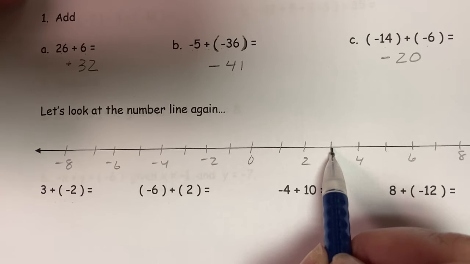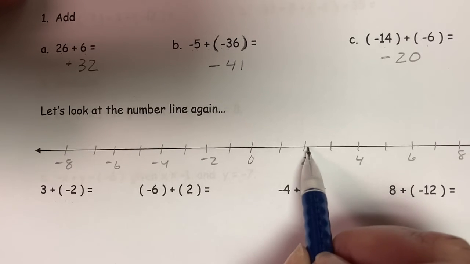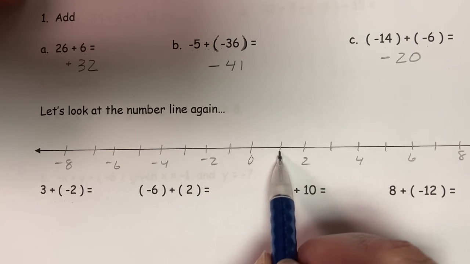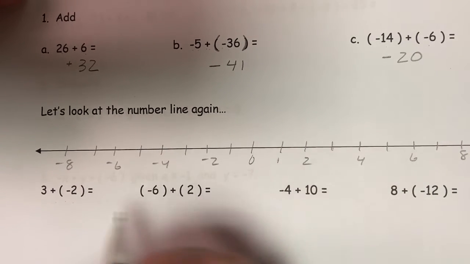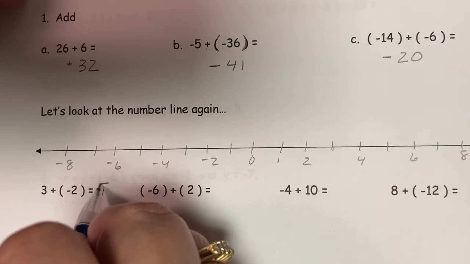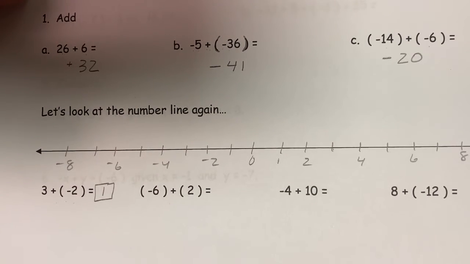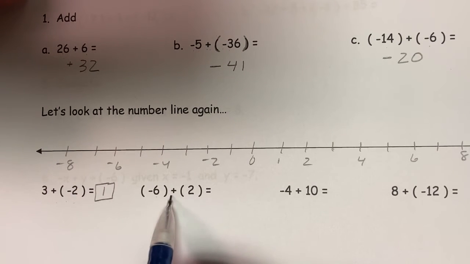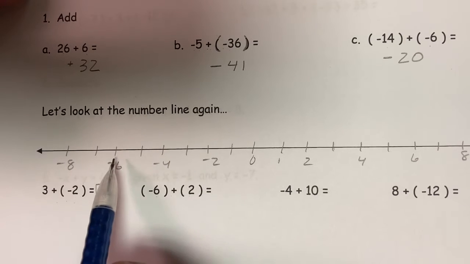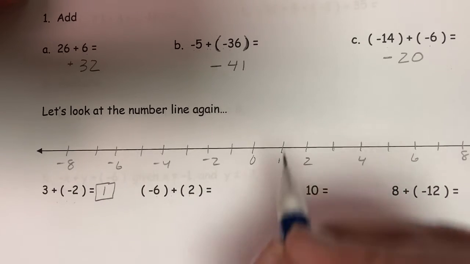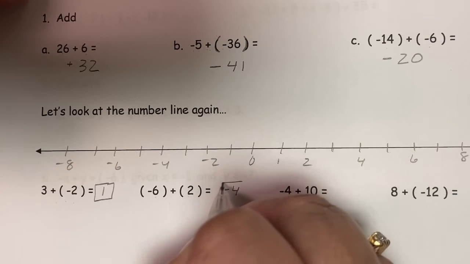And since I'm adding a negative 2, I'm going to go down to the left, 1, 2, and where do I end up? I end up at 1. Negative 6 plus, and this is a positive 2, so I start at negative 6. But I'm going to go, because it's a positive 2, to the right, and you can see I end up at negative 4.